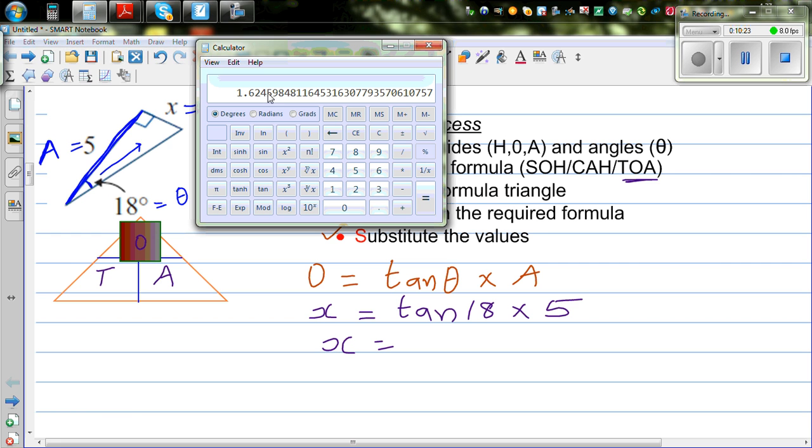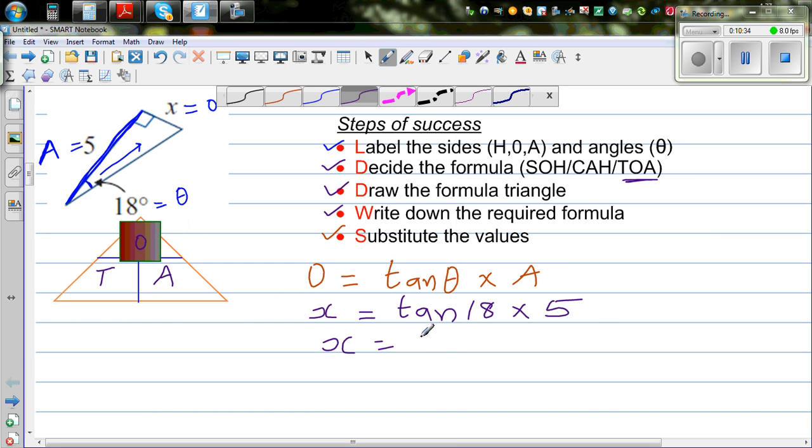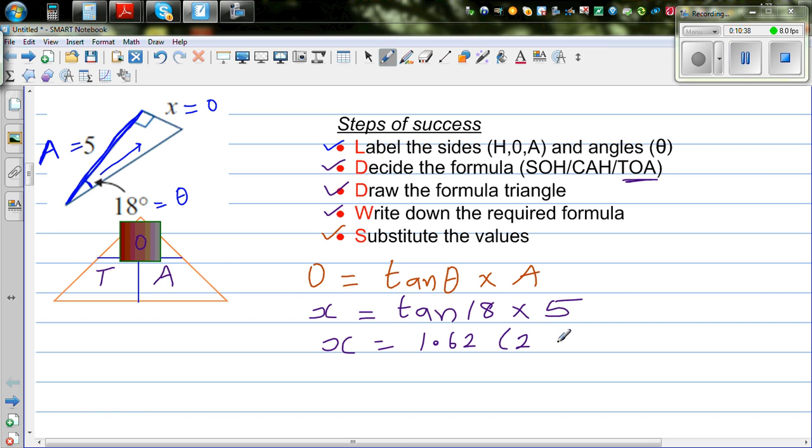The third decimal place is less than 5, so you don't increase or decrease the second decimal place. So your answer is 1.62, and you always need to write the rounding. I have rounded this to 2 decimal places, 2 dp.